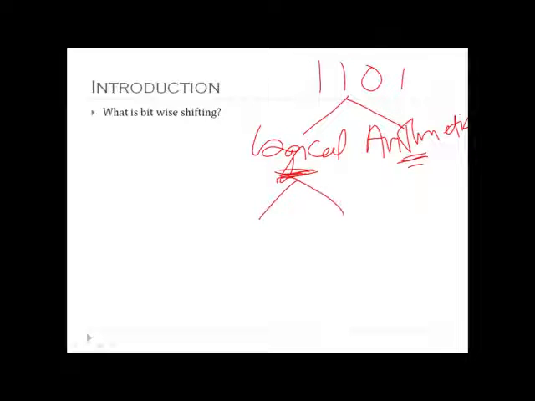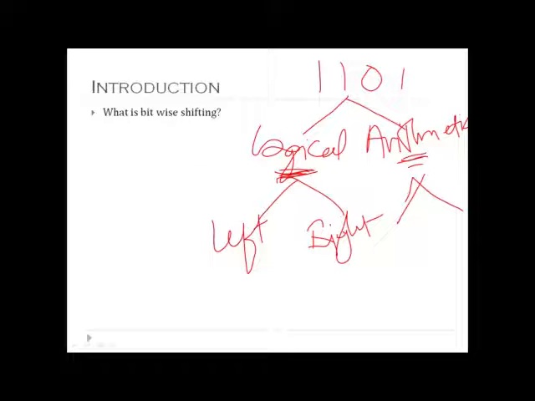In logical there are two types of operation, left shift and right shift. In arithmetic as well, there are two types of shift operation: left and right. So as a whole, there are four types of shift operation: logical left shift, logical right shift, arithmetic left shift, and arithmetic right shift.